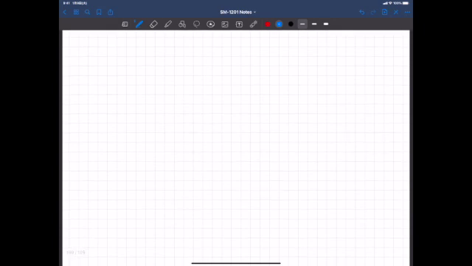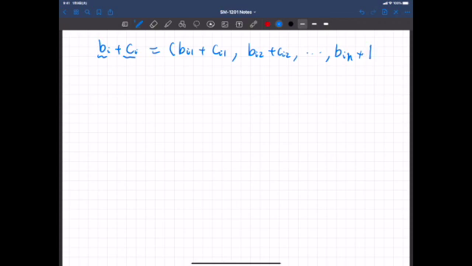So this b_i plus c_i can be written as something like this: b_i1 plus c_i1, b_i2 plus c_i2, and so on, and b_in plus c_in. Okay, so this is a row vector.